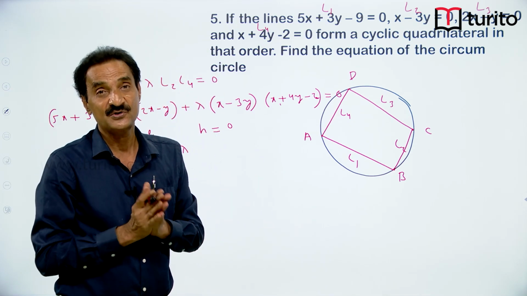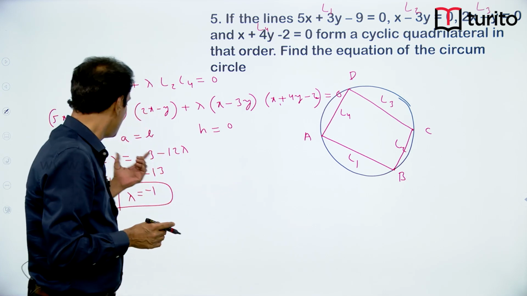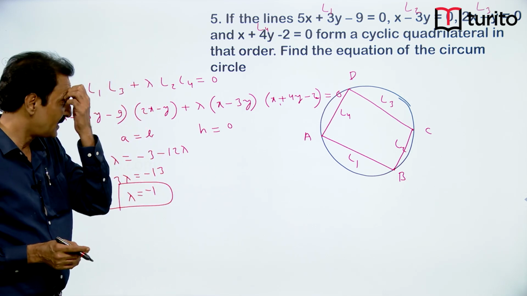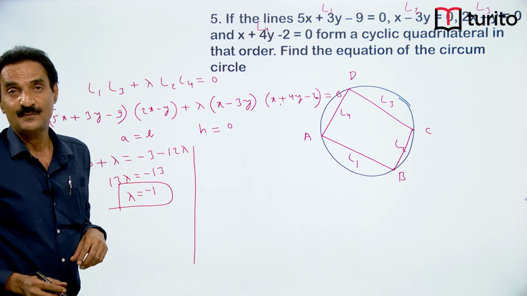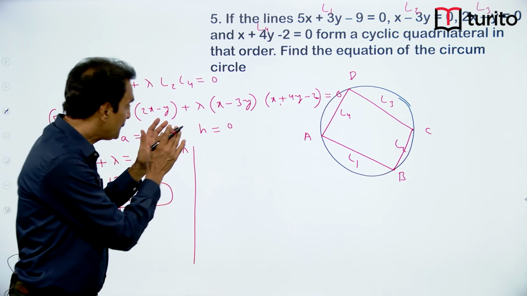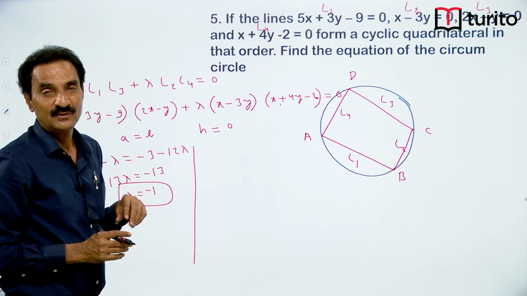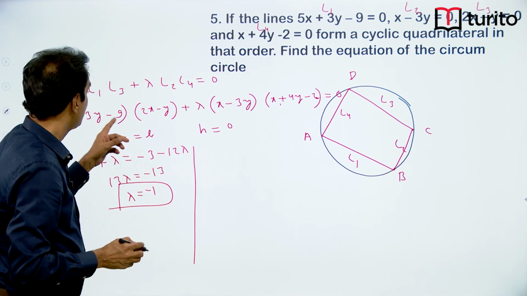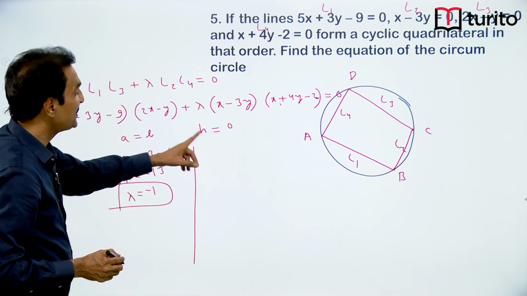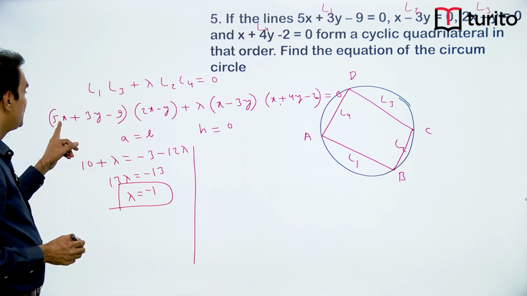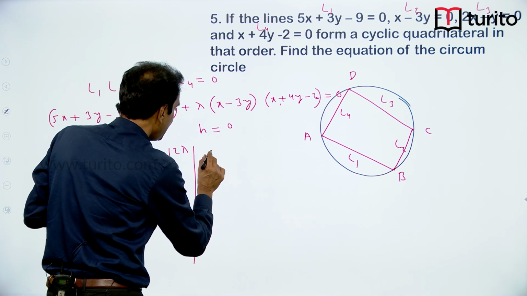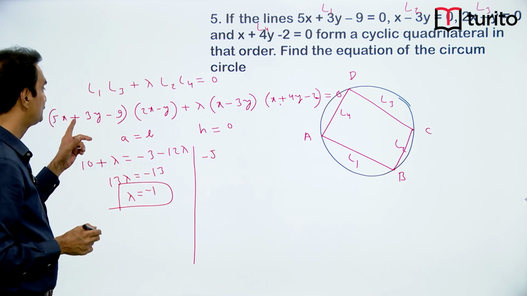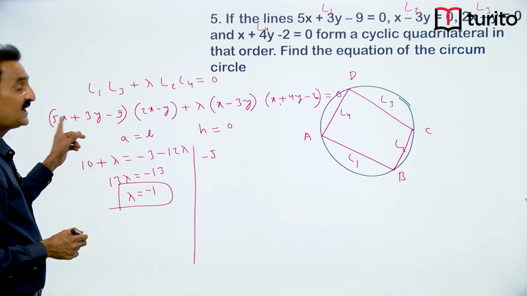Now, I have got a question. Here I used only one condition and got the value of lambda. There is another condition also. If you apply h is equal to 0, let us see what we get. What is the coefficient of xy? 5x into minus y, minus 5xy.